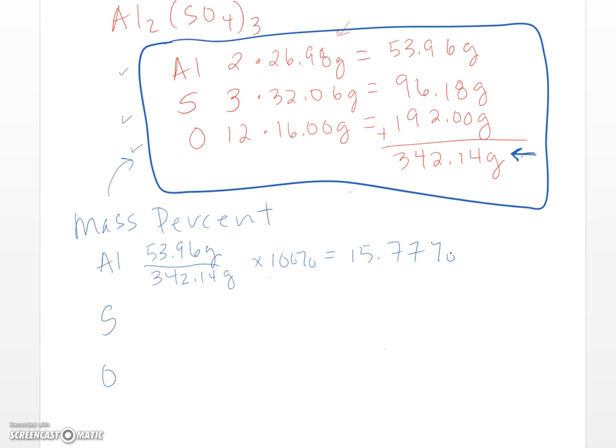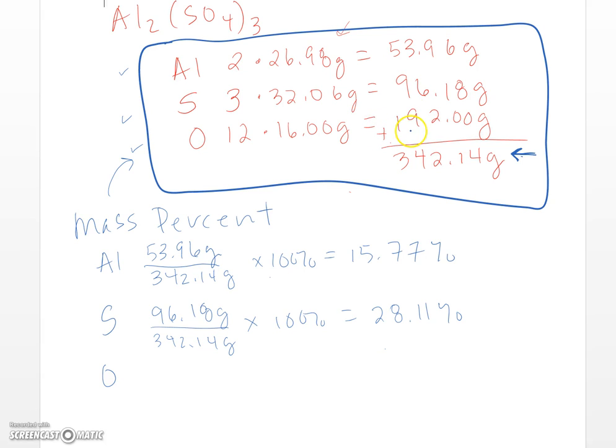15.77% aluminum. If I know the total mass of sulfur is 96.18 grams, and then I place that over what my whole compound weighs, which is 342.14 grams, times 100%, I find out that my compound is 28.11% sulfur.